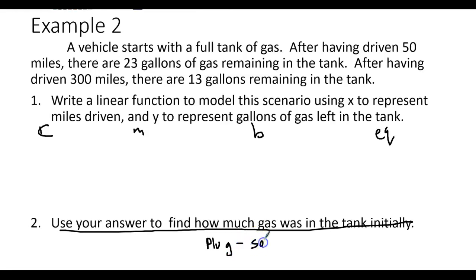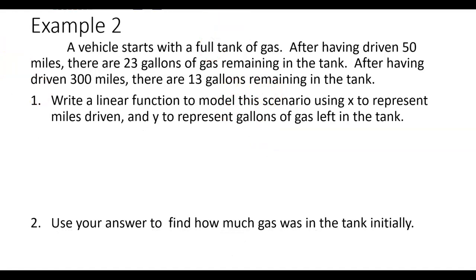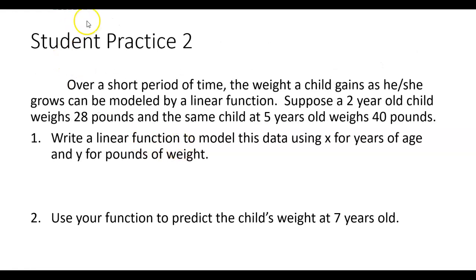Now I was also interpreting things, like telling you what the slope means and what the y-intercept means, and I would encourage you to try to think about that too. Like on this problem, I was telling you that slope was gallons per mile, and the y-intercept was the starting amount of gas. So I'm going to encourage you guys to try to do that on the next one, but you don't have to do the interpretation necessarily, but it's a good thing to try.